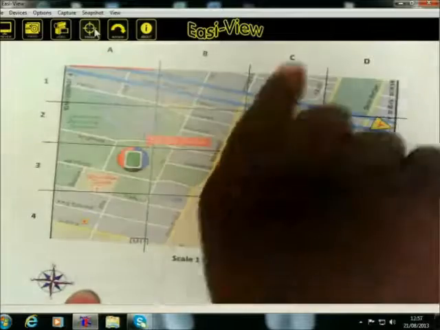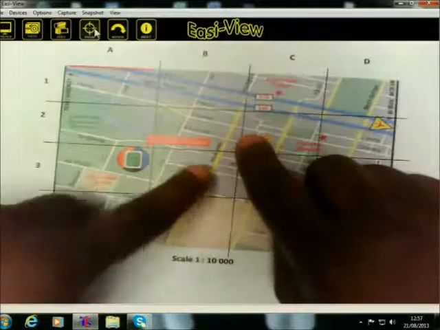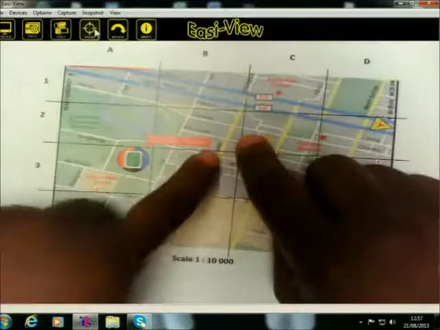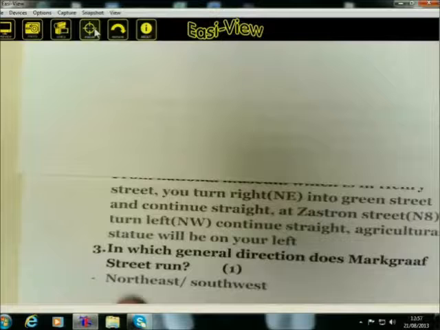It's either you say northeast, or it is southwest. This direction is southwest. So in this case, your answers will either be northeast, like I've said, or it will be southwest. Thank you very much. Let us now move to the next question.